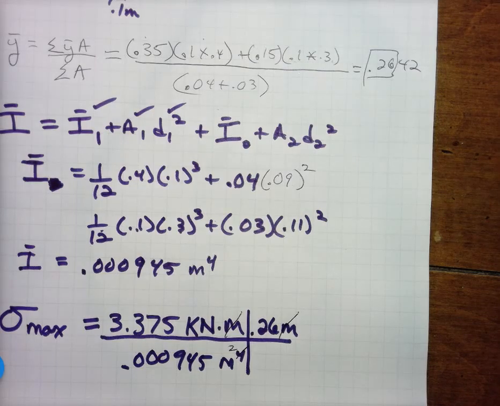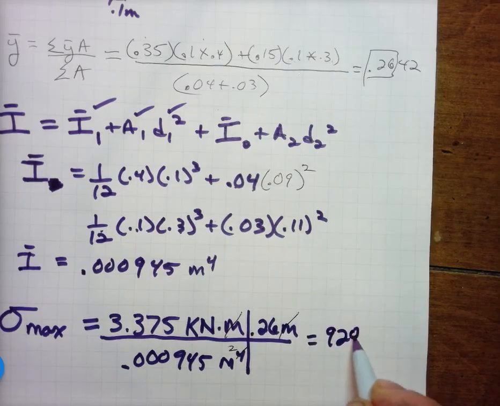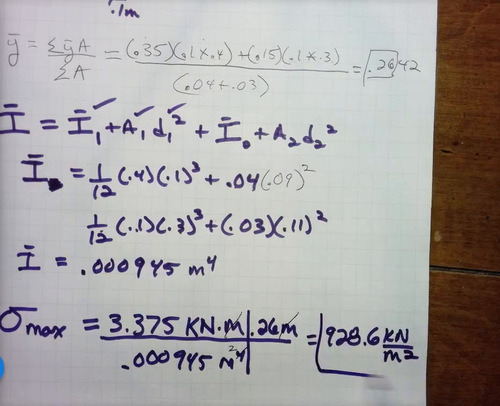I'm doing this off on the side of my calculator: 3.375 times 0.26 divided by 0.000945. I get 928 kilonewtons per meter squared, 928.6 kilonewtons per meter squared.